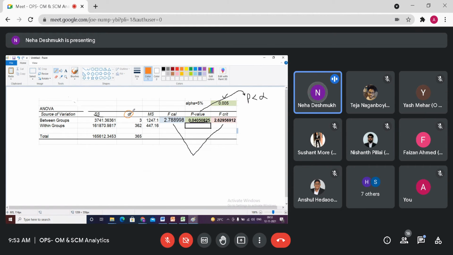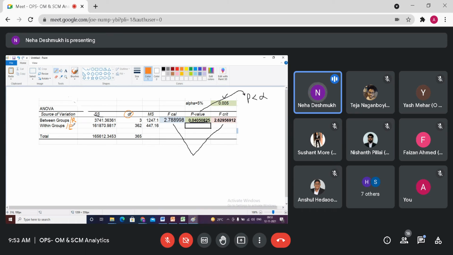DF means degree of freedom. The between group category sometimes represents regression, and the within group represents errors, right?